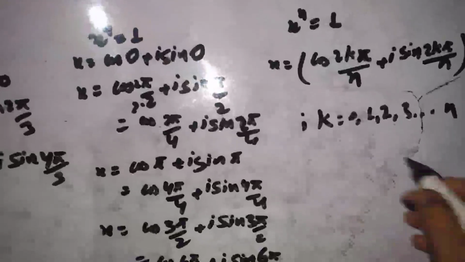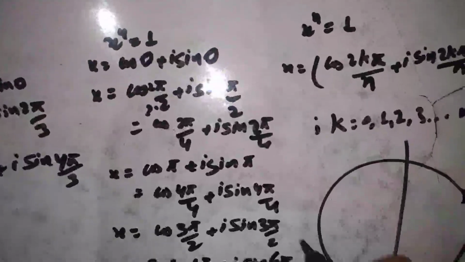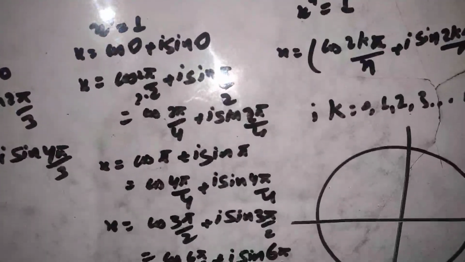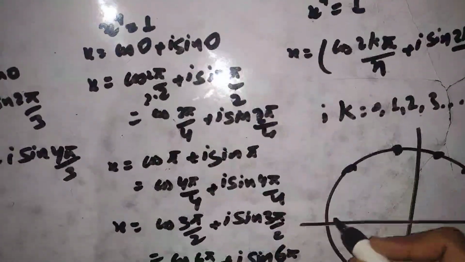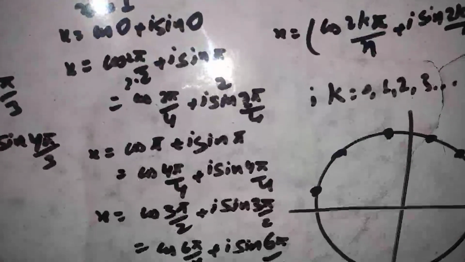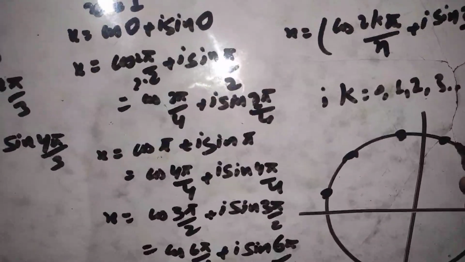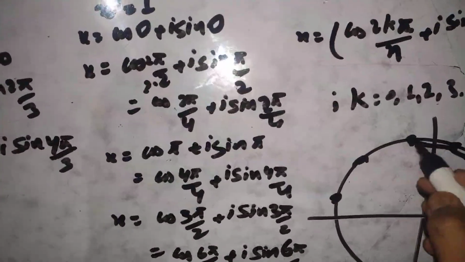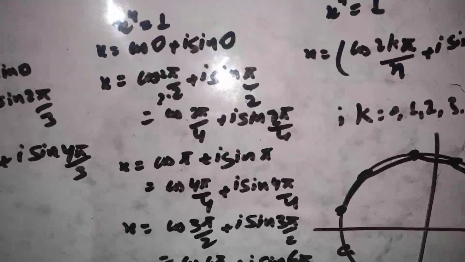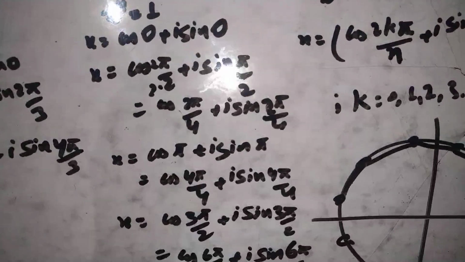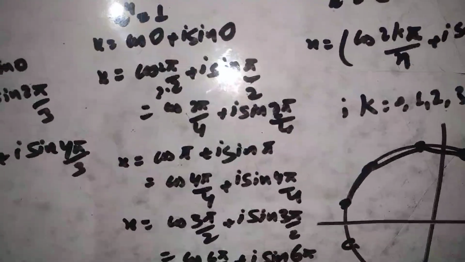And if we plot this in the Argand plane, we will get a polygon of n sides, a regular polygon of n sides.